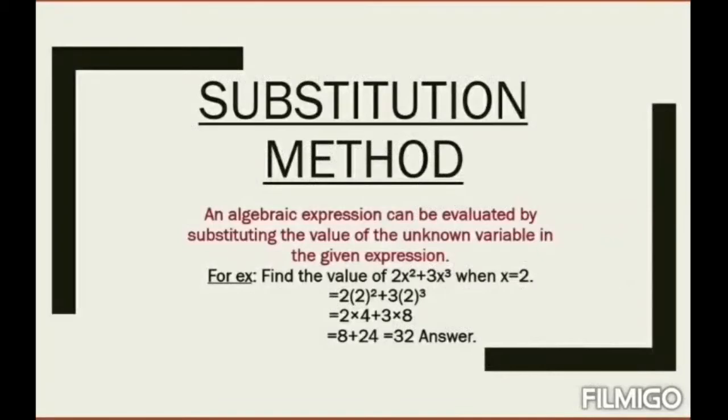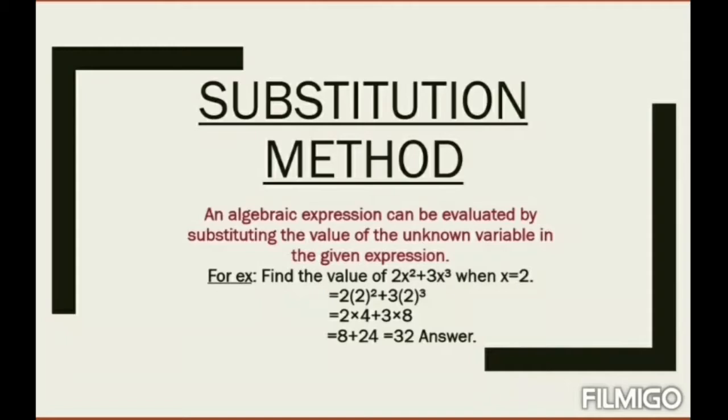Today we will discuss the substitution method. An algebraic expression can be evaluated by substituting the value of the unknown variable in the given expression. For example, if we have to find the value of 2x square plus 3x cube when x is 2, then we will put 2 instead of x.